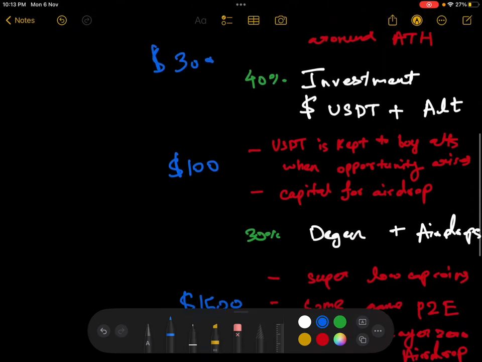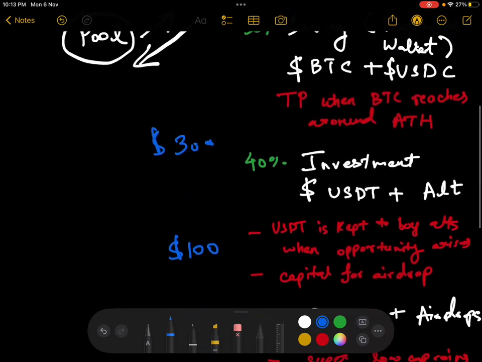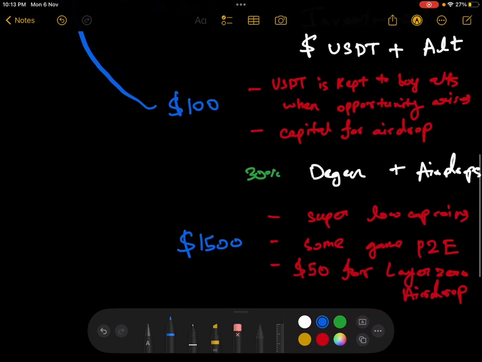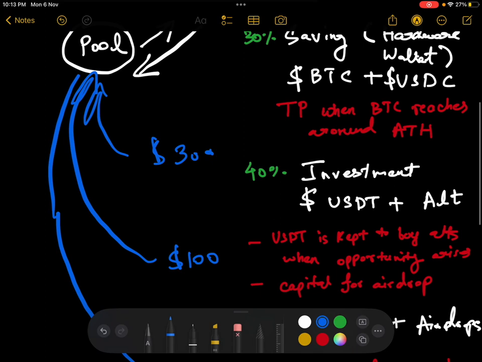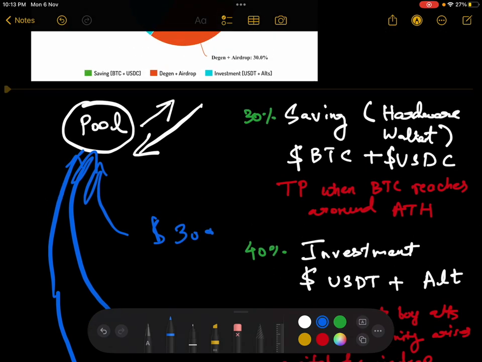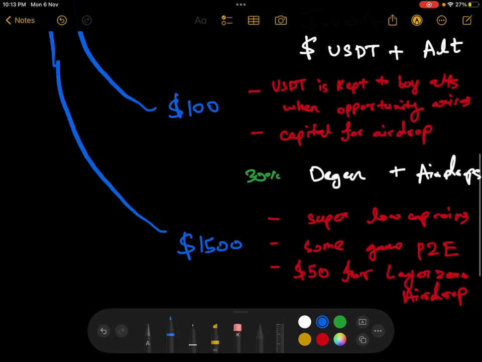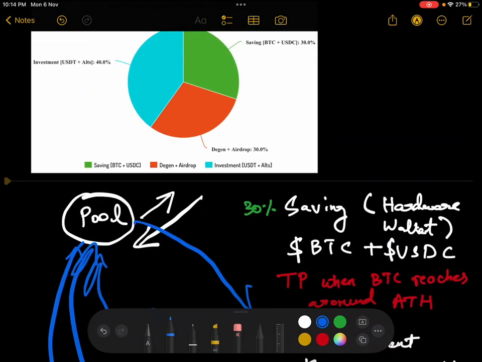And all of these things will return back to the pool. And next month it will again go to these things. 40% will go to this, 30% to this, and 30% to saving. So this is how I manage my portfolio.